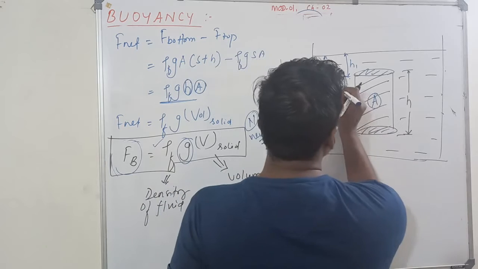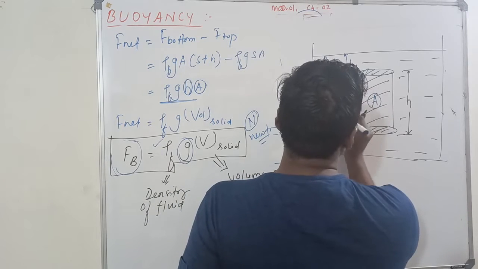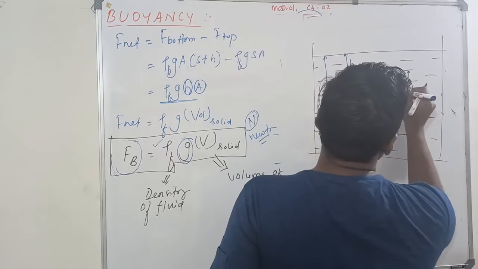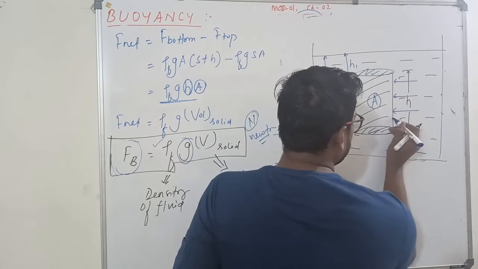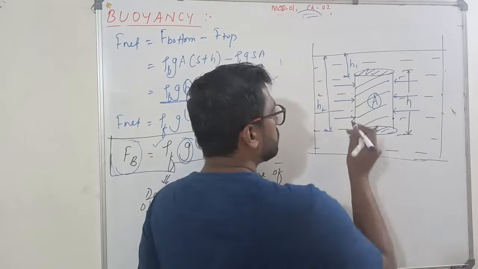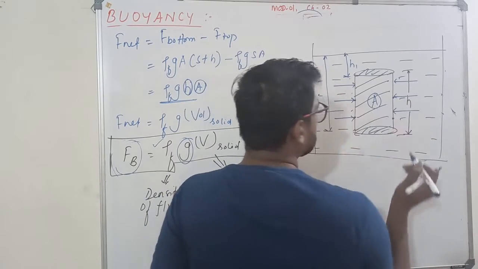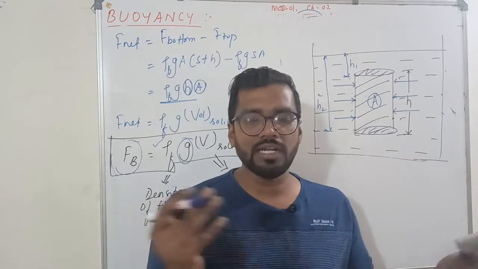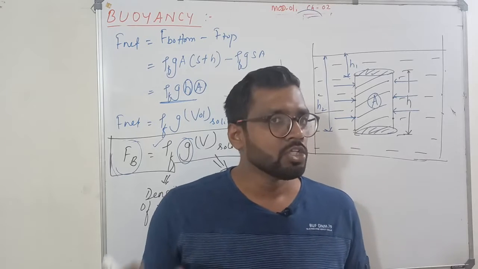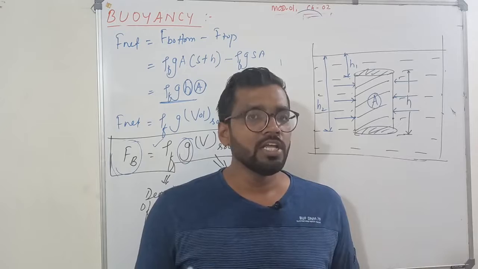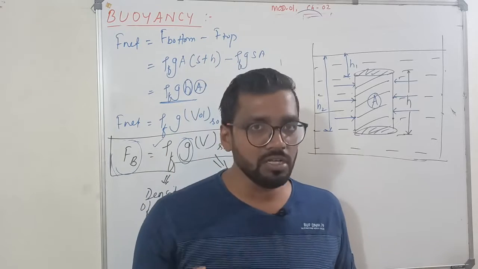Now what will happen? Forces are going to act here. In the horizontal direction, the fluid is exerting pressure on this. If you remember, the pressure at this point and the pressure at the opposite point are the same. The horizontal pressures are balancing each other, so there is no force on the horizontal side. So the force is only on the vertical side.